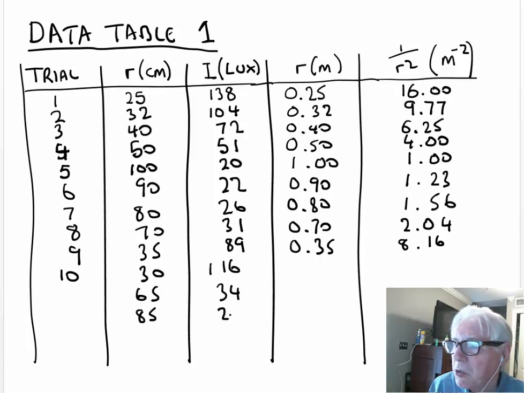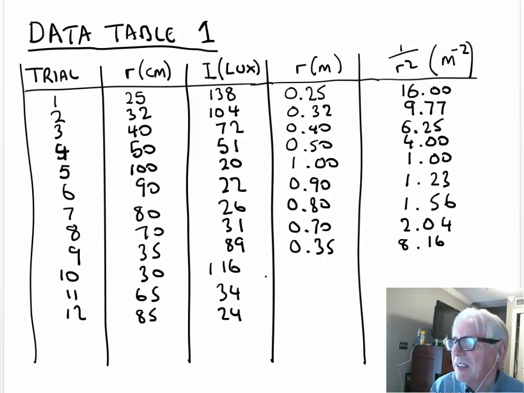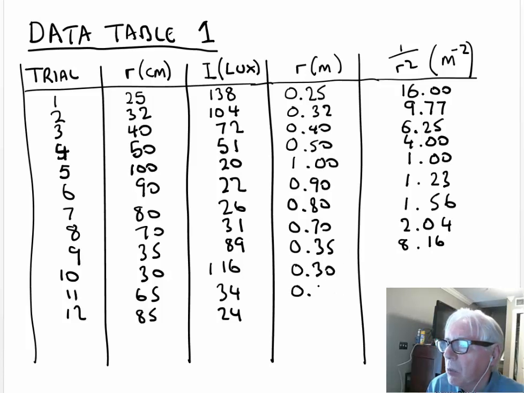And they got 24. And again, this is because they're not plotting the data. We didn't plot the data beforehand. We didn't plot the data as we were doing it. So you can't see the pattern until you've finished the experiment. So this is R becomes 0.30, R becomes 0.65, and R becomes 0.85.